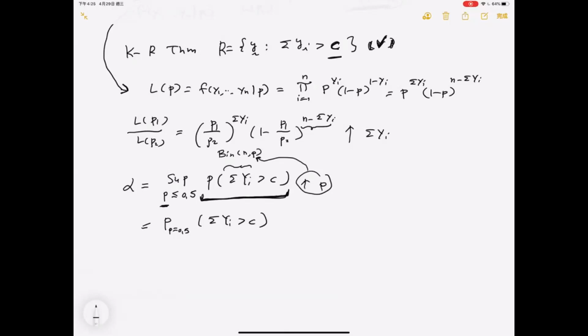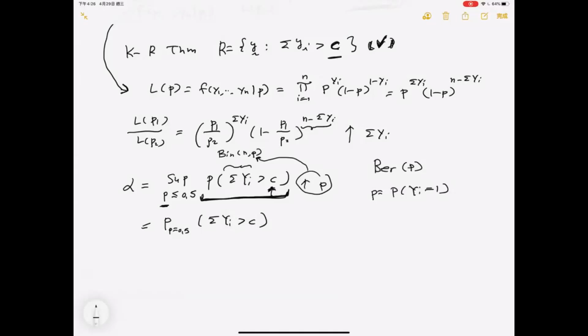Making sense? If we do have Bernoulli p, basically p is the probability of yi equals 1. You get larger p, that means it's more likely your y equals 1. That also means your summation yi more easily exceeds the threshold c.